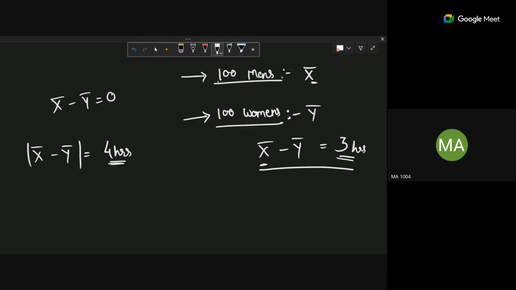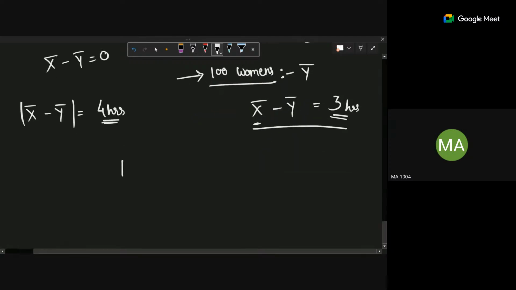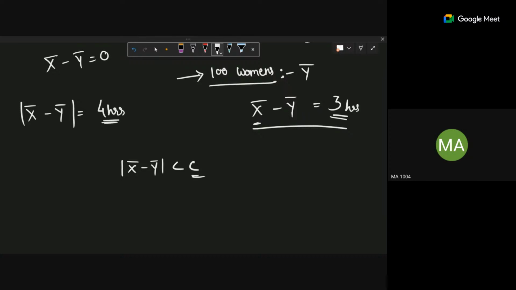So we should have some critical value c which tells us that if the difference is less than c, then you will say that the time spent by them is almost equal.